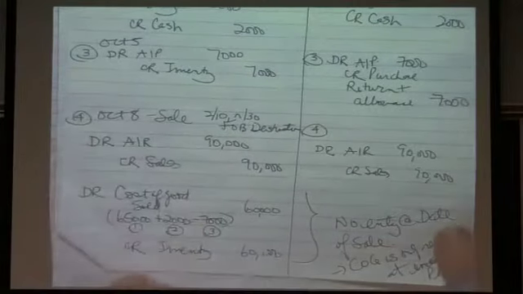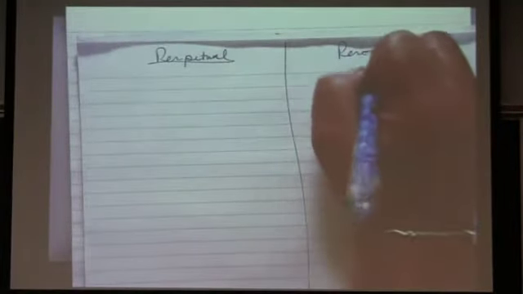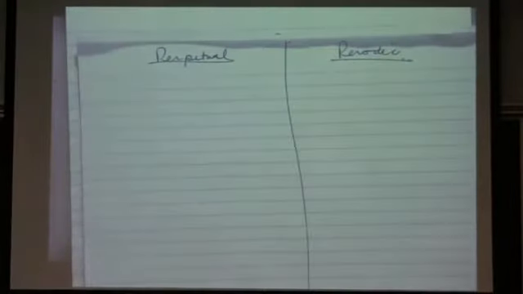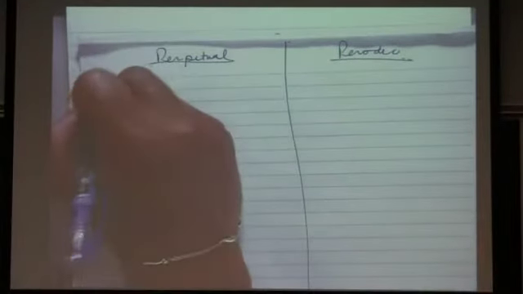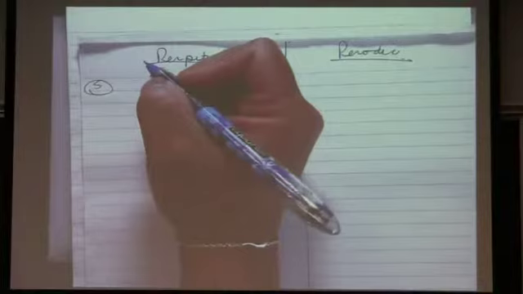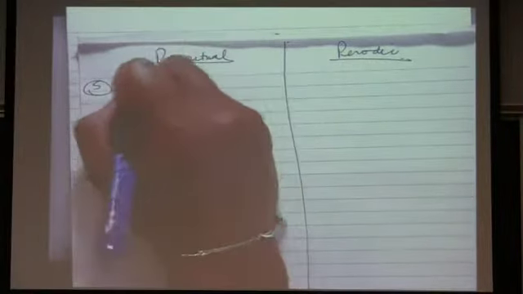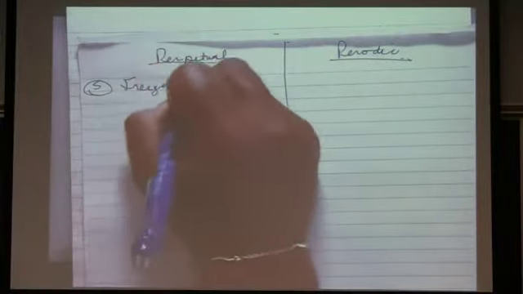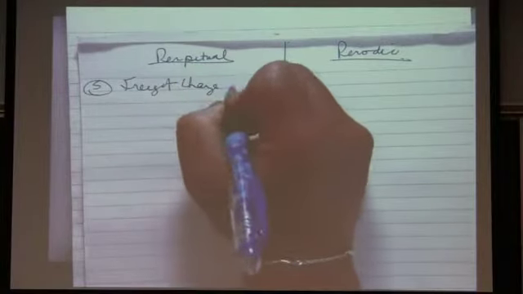Okay, so let's move on to entry number 5. Again, we're going to split this in half. This is perpetual, periodic. For entry number 5, they had a freight charge of $3,000.